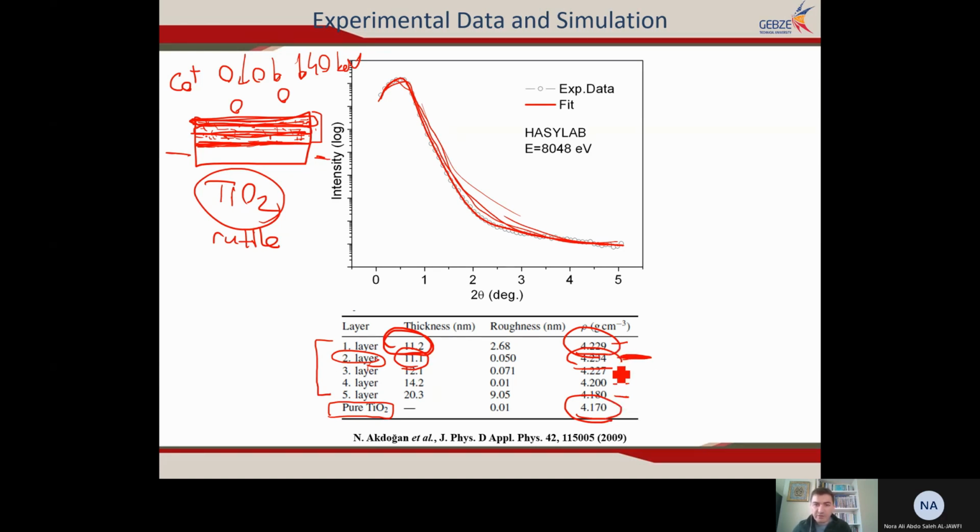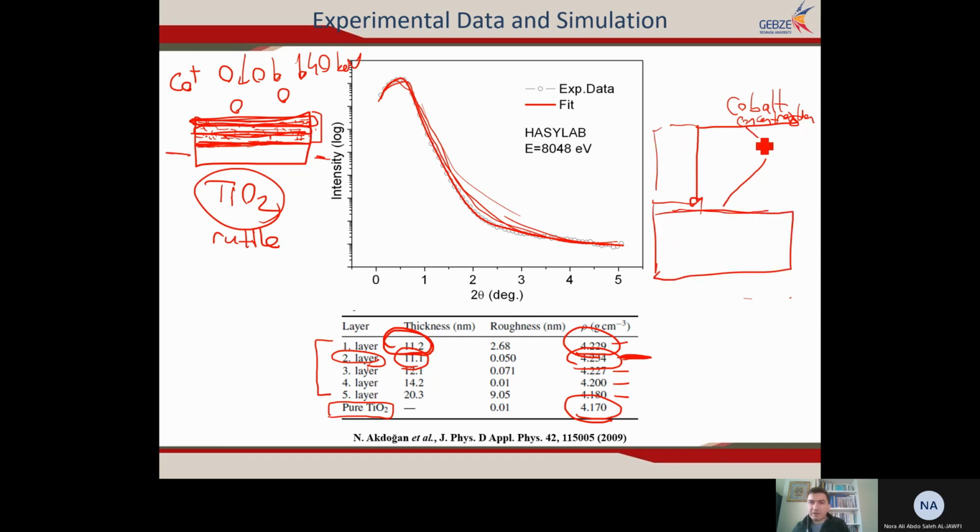So by using this electron density, you can also produce a cobalt concentration profile. This is the depth, this is the surface of the titanium dioxide, and here we have the cobalt concentration. So you can get this type of behavior. And in this part, we don't have any cobalt within the titanium dioxide.